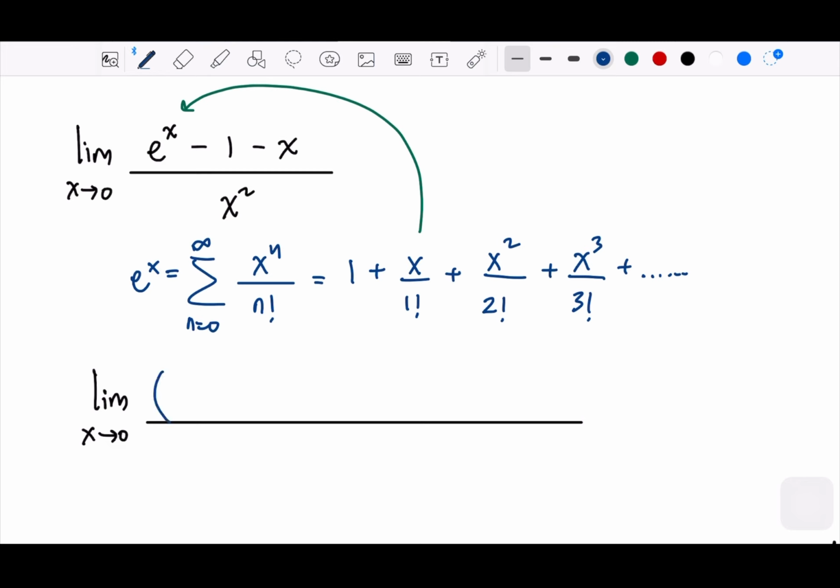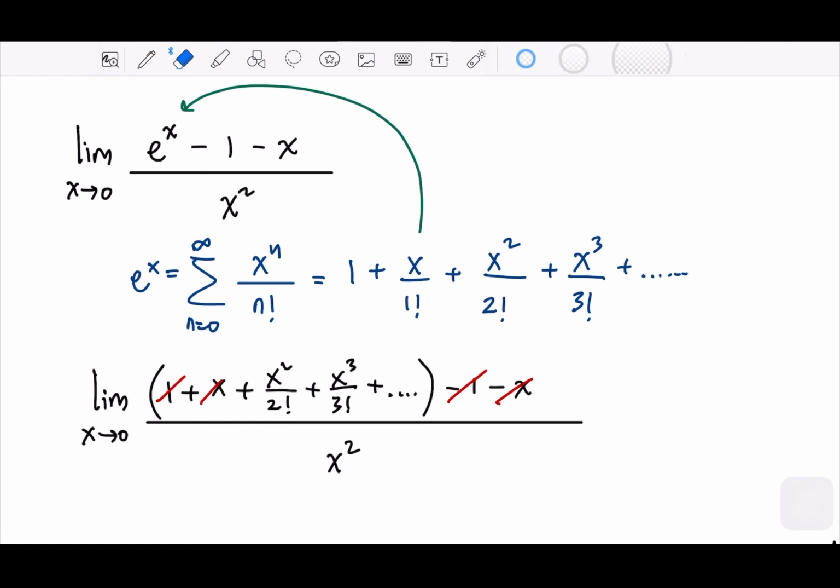Okay, so write down the terms: 1 plus x plus x squared over 2 factorial plus x cubed over 3 factorial plus dot dot dot, minus 1 minus x, over x squared. Now we can see the 1 will cancel out with the other 1, and x also cancels out, so we are left with x squared and so on.